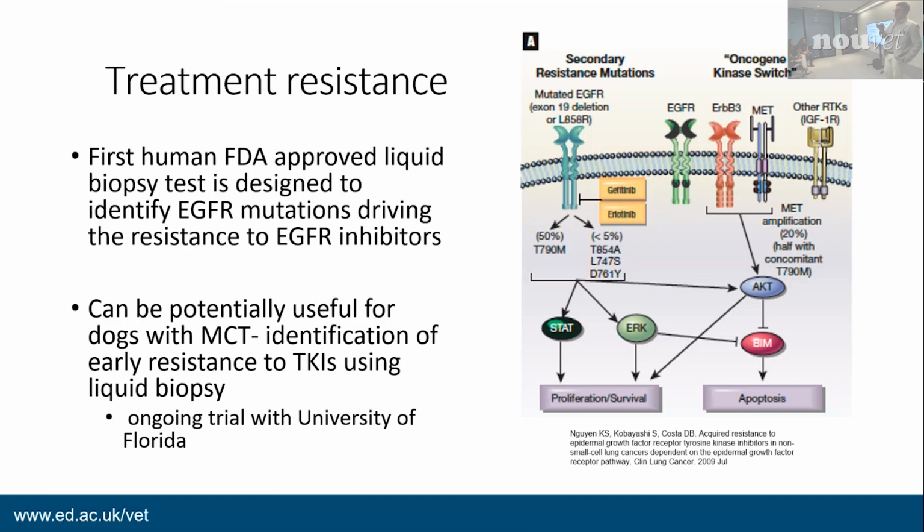And they know exactly when the resistance will start, with specific mutations that occur upstream of the EGFR gene. So they found that if you see in the circulation those mutations that are responsible for resistance, you treat with the second line of therapy effectively. And this is something that we are looking at right now in mast cell tumors in particular. We treat the high-grade tumors with Palladia, and we are looking at whether we can find the resistance mechanisms in the circulation.